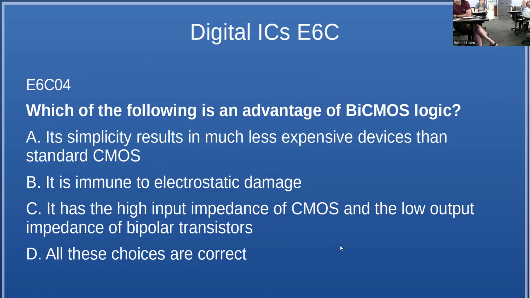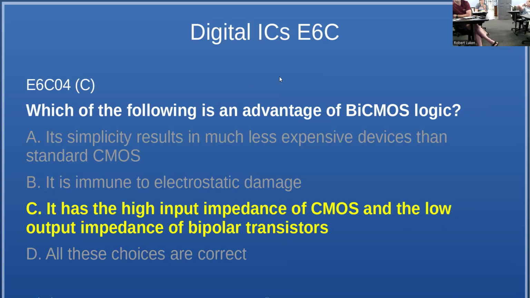Well, it's not B and it's not D. Let's see. Yeah, I think it's A. Yeah. High input impedance, low output impedance.